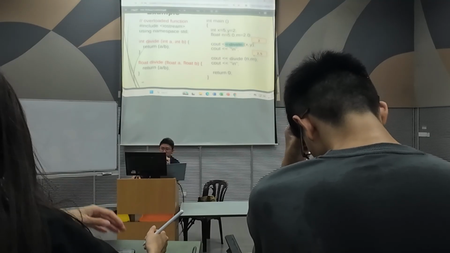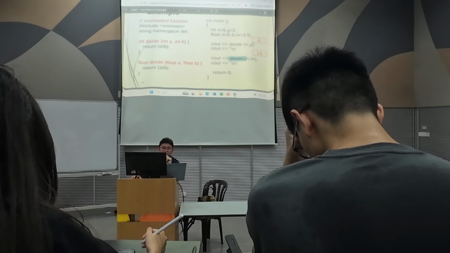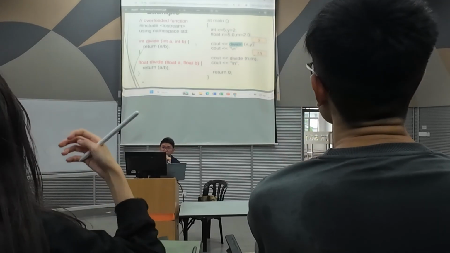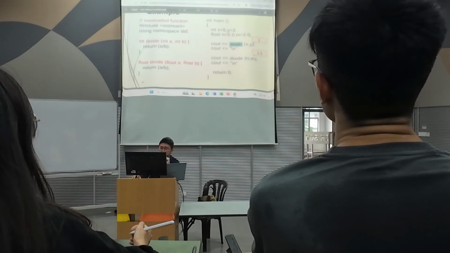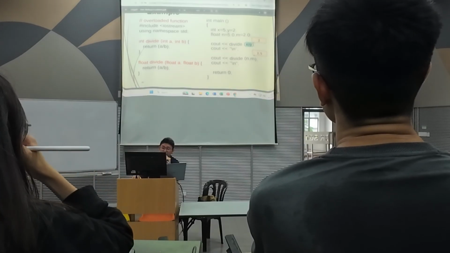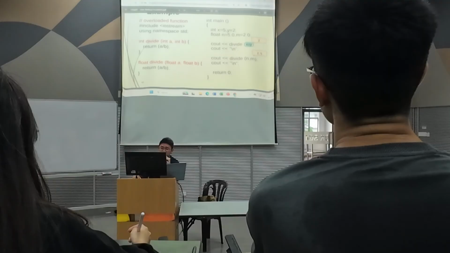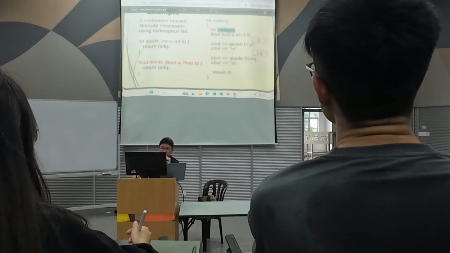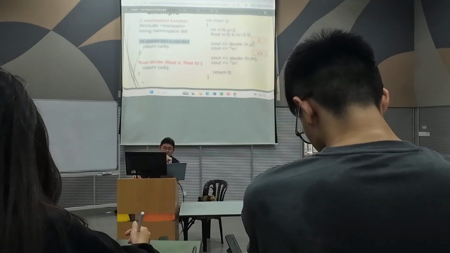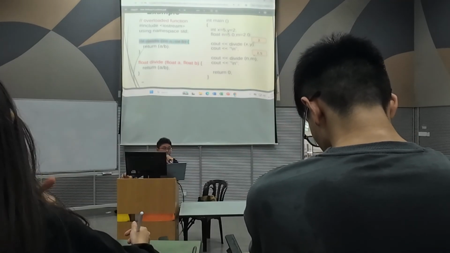So these two are taking the same function name called divide. How will the system determine which one? It will determine based on your value, meaning your parameter. When it determines that your x and y are integers, it will trigger the integer type divide function.